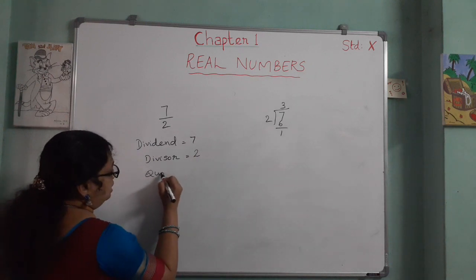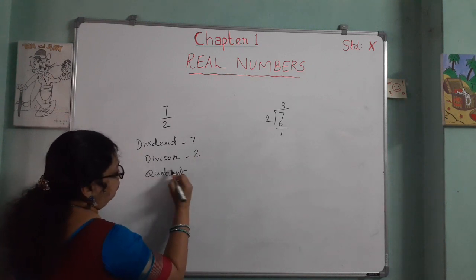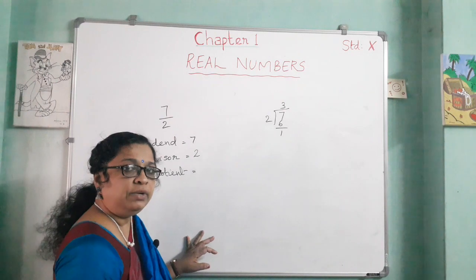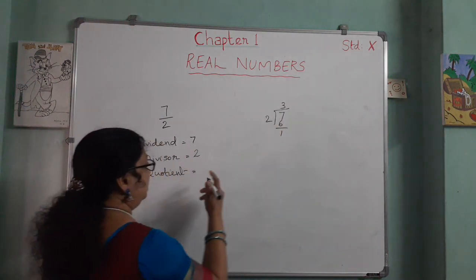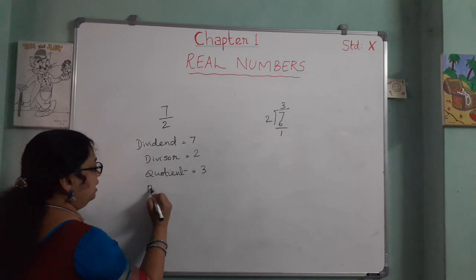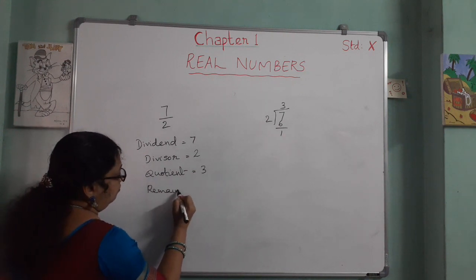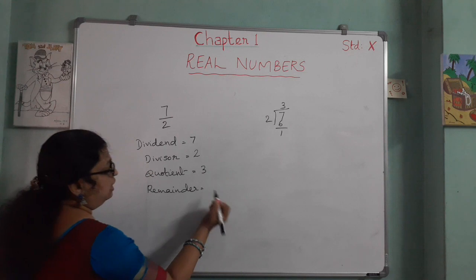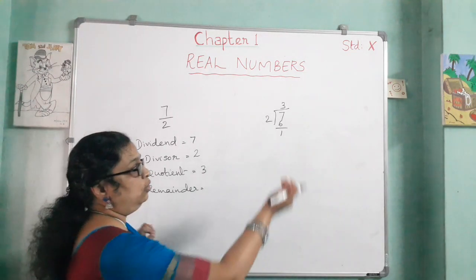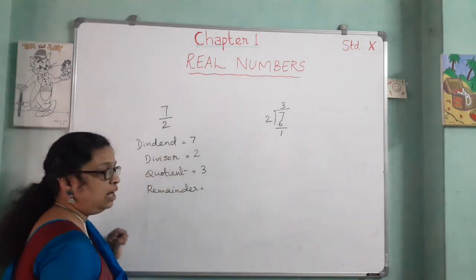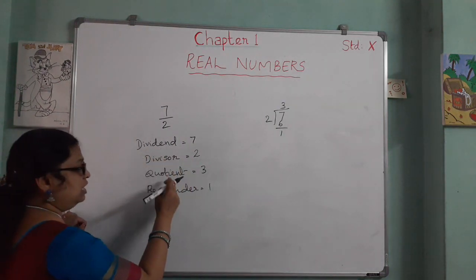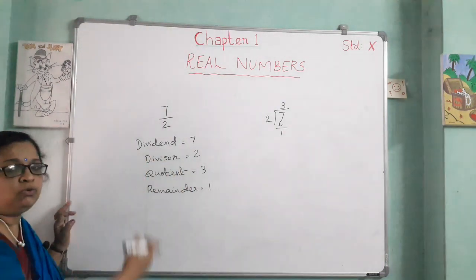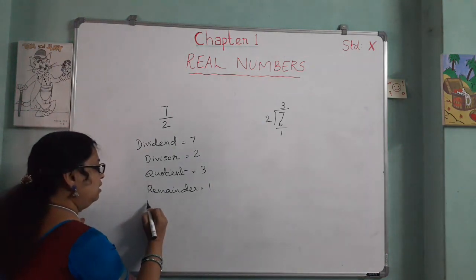Then quotient. Quotient means how many times the divisor goes into the dividend. Here it is 3. And then remainder. It is whatever is left over or remaining. Here it is 1.